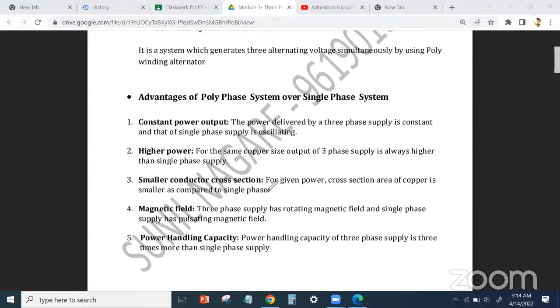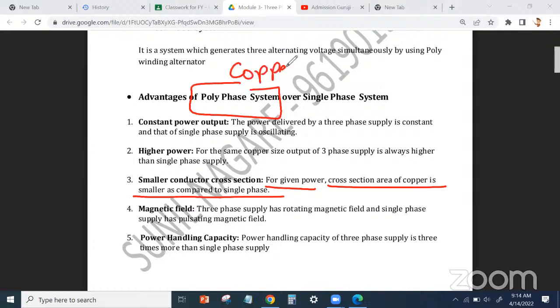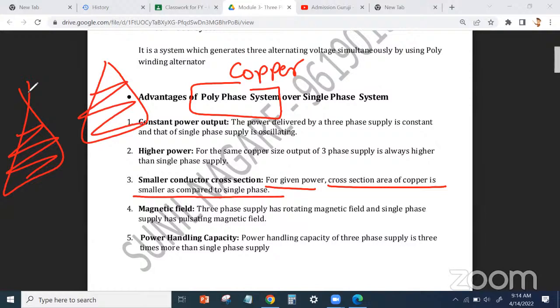Third point, smaller conductor cross section. That means for a given power, the cross section area of copper is smaller as compared to single phase. तो ये सिस्टम में जितना भी कॉपर यूज होगा, बिकॉज हम ट्रांसमिट करते हैं इलेक्ट्रिसिटी. ऐसे पोल होते हैं ना, इलेक्ट्रिसिटी के पोल्स, जैसे वायर होता है उसके ऊपर, तो यहाँ से क्या फ्लो होता है? That is a voltage. ये वायर किसका होता है?